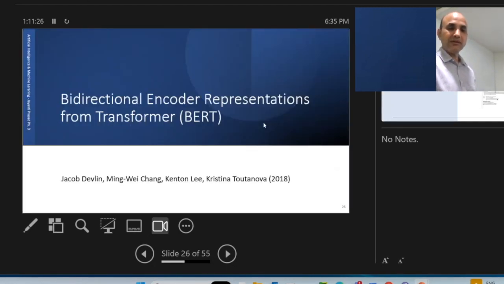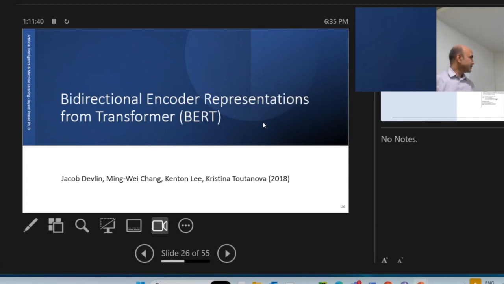So there was a very famous architecture that came in 2018. It was BERT. Before GPT made noise, BERT was there and it made a lot of noise. Two things about BERT. One, it was completely based on the attention network, no LSTM, no RNN, completely parallel.